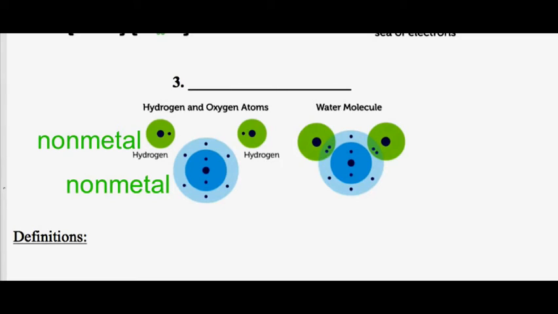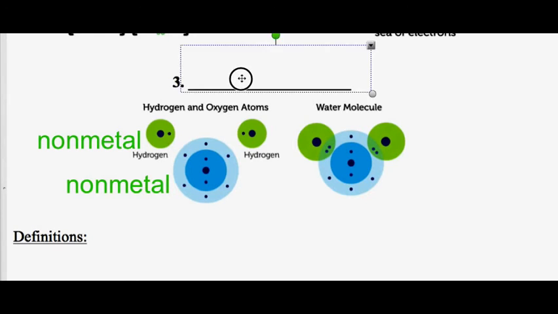Now I know hydrogen is on the far left, but remember hydrogen's that one oddball up there. It is the only nonmetal that is located on the far left. And oxygen, if you remember where the metalloids are, those semiconductors, oxygen is to the far right, so it is a nonmetal also. So you have two nonmetals.